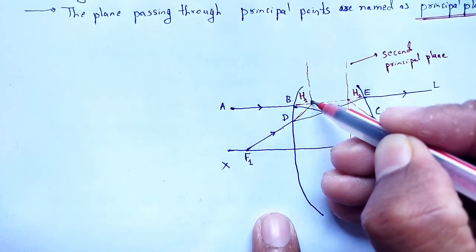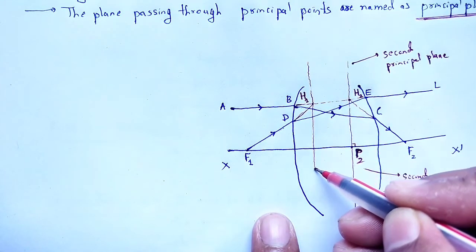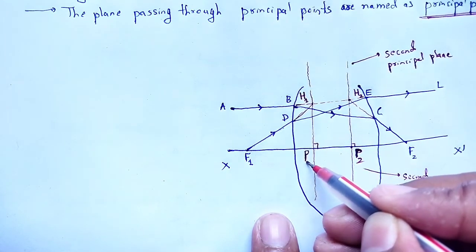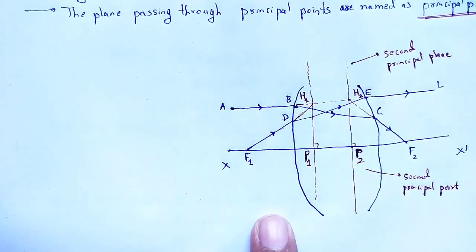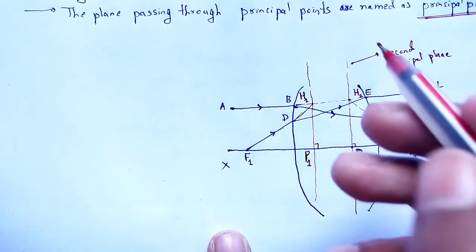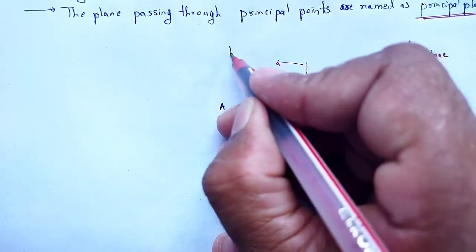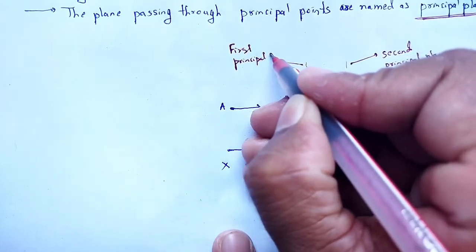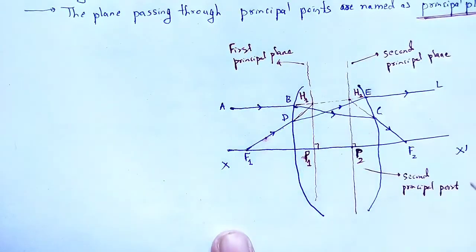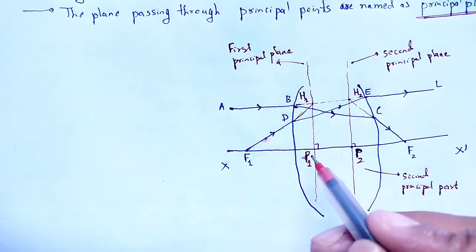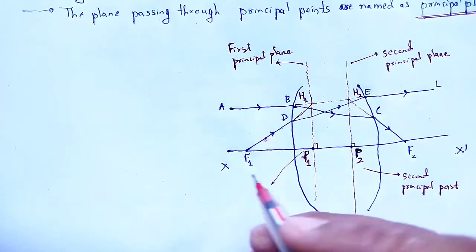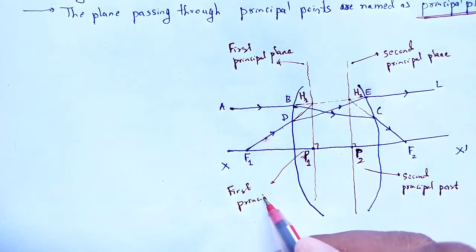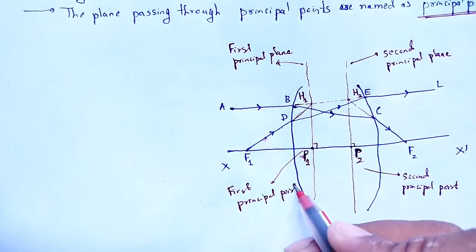The plane passing through the point H1 and perpendicular to the principal axis at the point P1 is known as the first principal plane, and that point on the principal axis is named the first principal point.